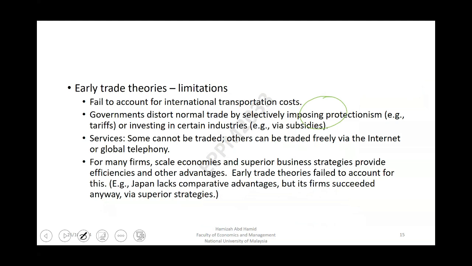Countries like Singapore and Japan do not have obvious comparative advantage. But firms and businesses in Japan and Singapore are able to be successful anyway. So another limitation of these theories is that they did not take into account the importance of business strategy.